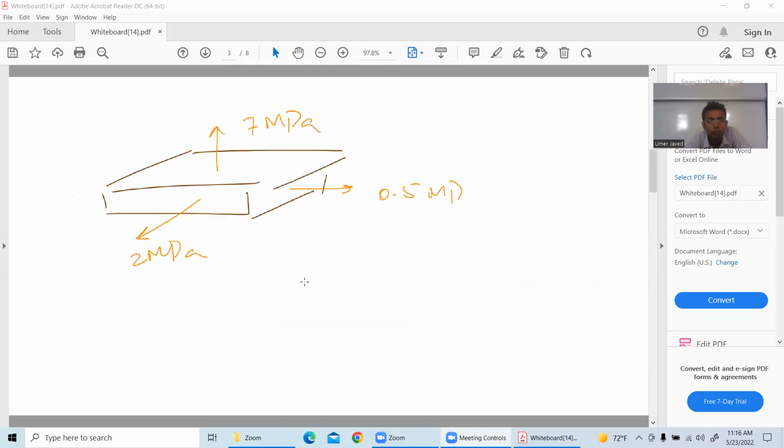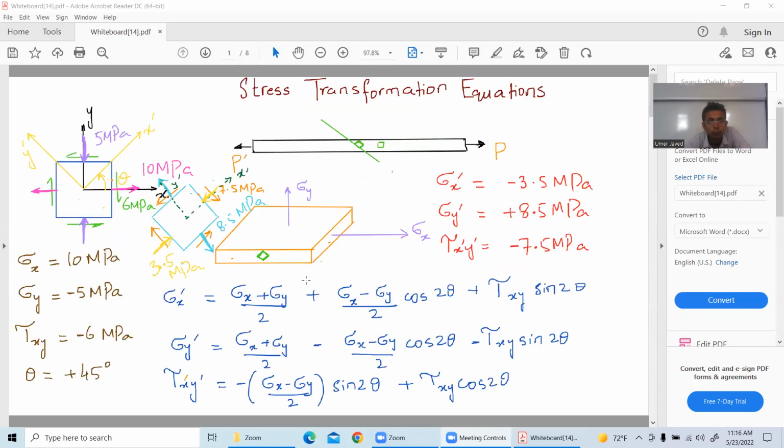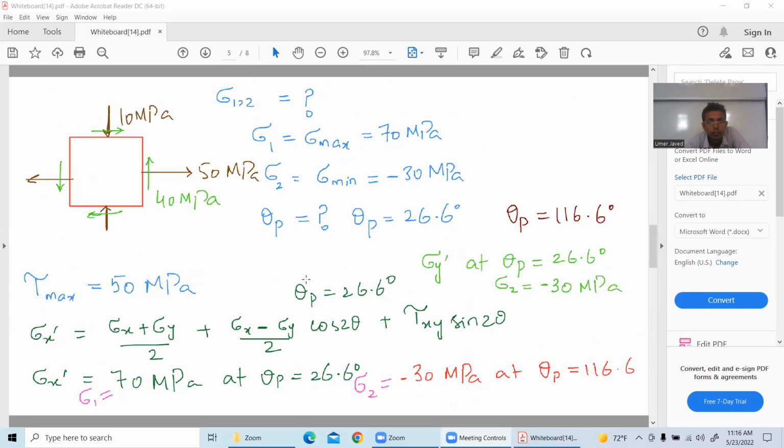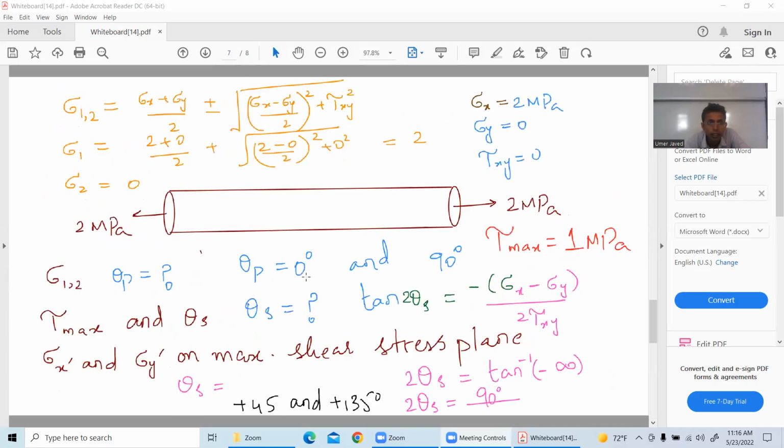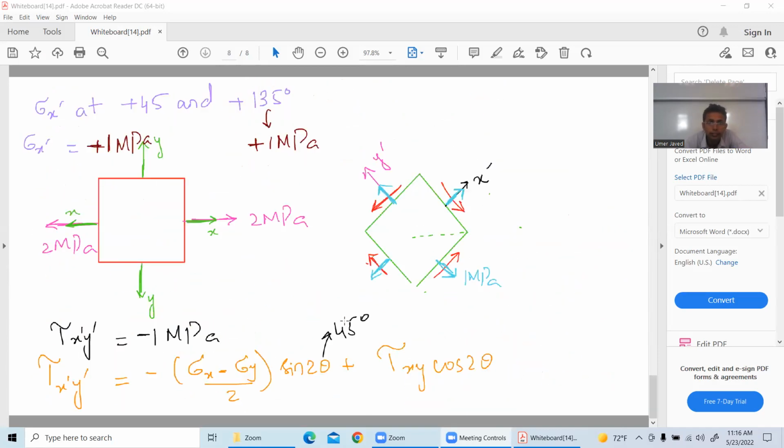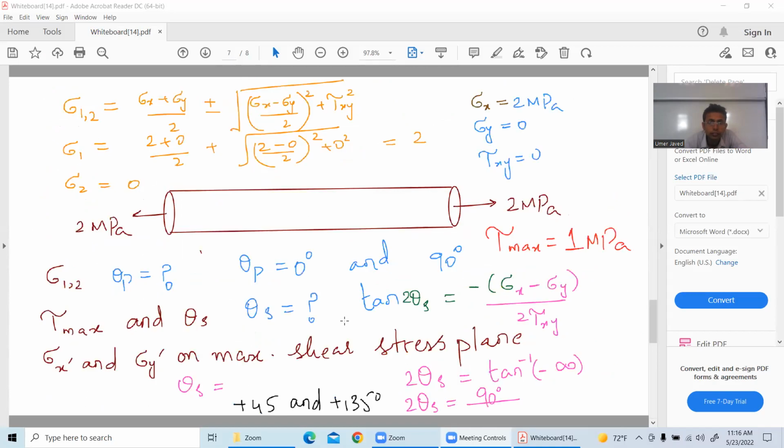I showed you that formula. Where did I write that? The previous one, this one. Yeah, tan 2 theta s is equal to minus (stress x minus stress y) divided by 2 tau xy.